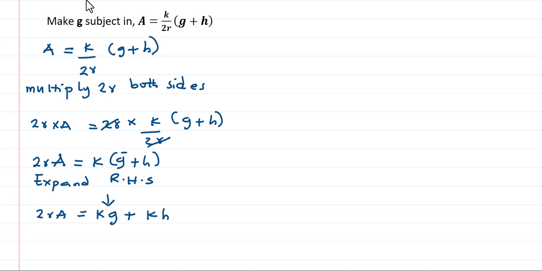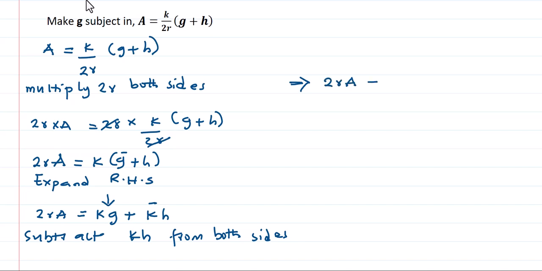So doing that, we can subtract kh from both sides, so that g can stand alone with the coefficient k. Let's continue from this point. So 2ra minus kh is equal to kg plus kh minus kh.